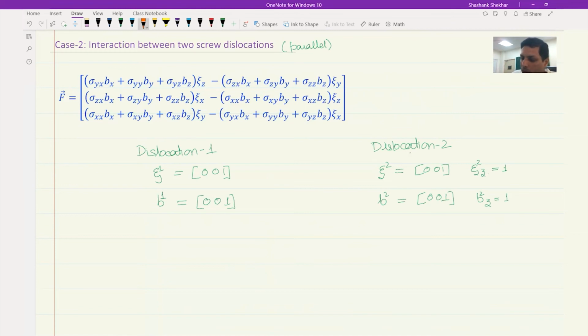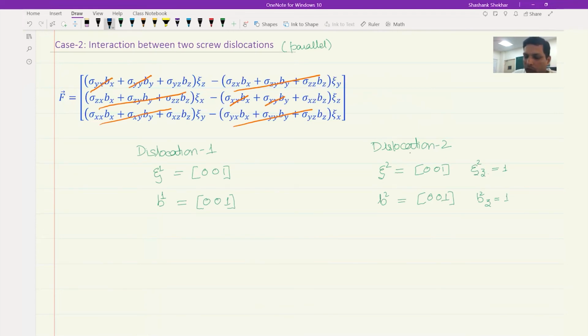And since only e_z and b_z are there, all other quantities would get cancelled out, or basically they turn to 0. Then again, b_z is the only quantity here, all others, b_x and b_y, go to 0.